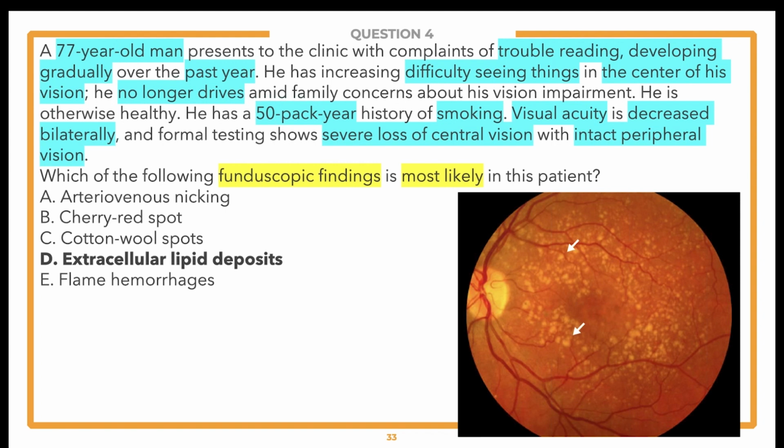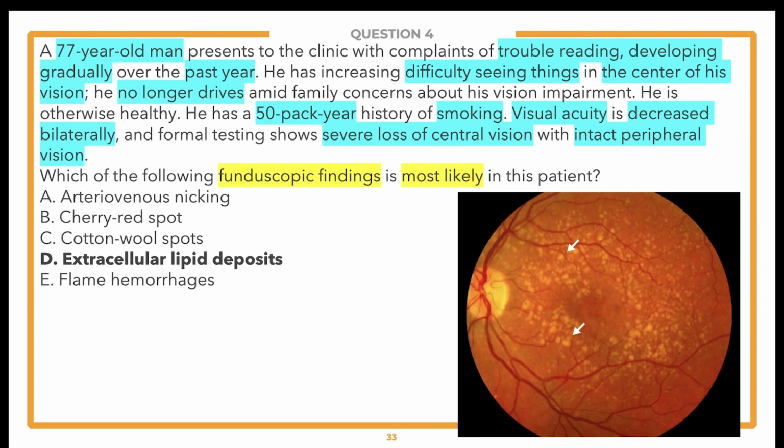So once again, dry age-related macular degeneration will present with insidious onset of bilateral central vision loss in elderly patients over the course of years. And when you do the fundoscopic examination in these patients, you're going to see extracellular lipid deposits.